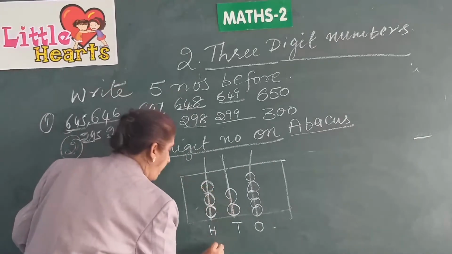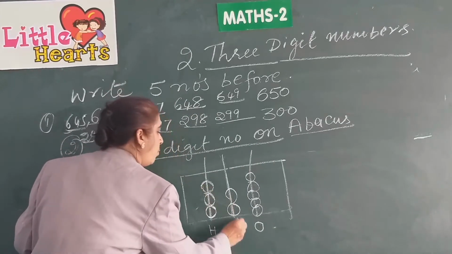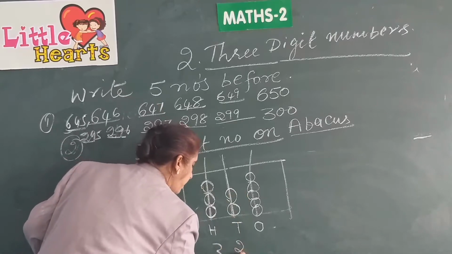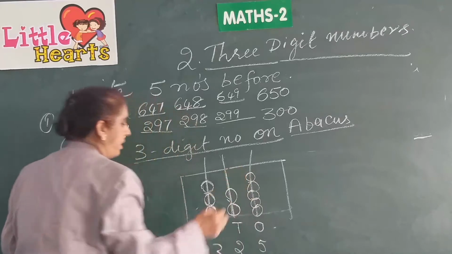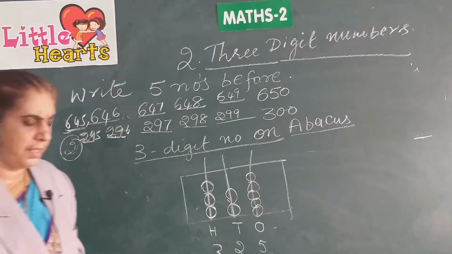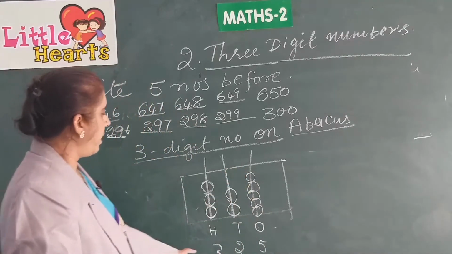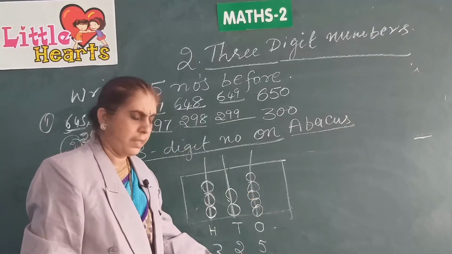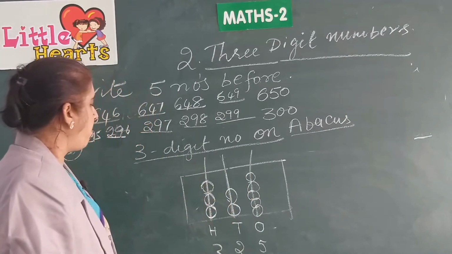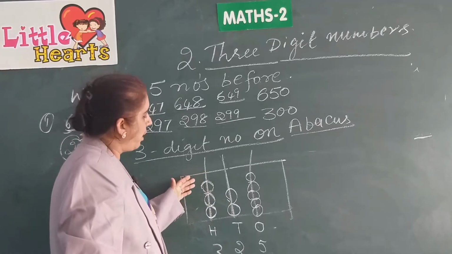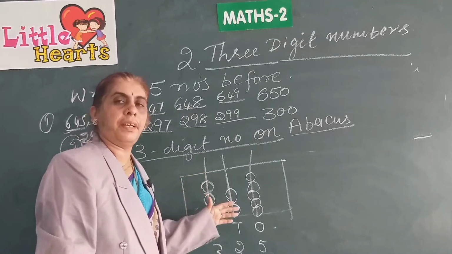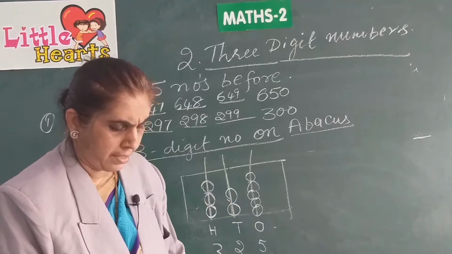There are 3 beads in the hundreds, 2 beads in the tens and 5 beads in the ones. So how do you read this number? 325. In this way, we can represent a number on the abacus, and on counting the beads on the abacus, we can read and write the number.